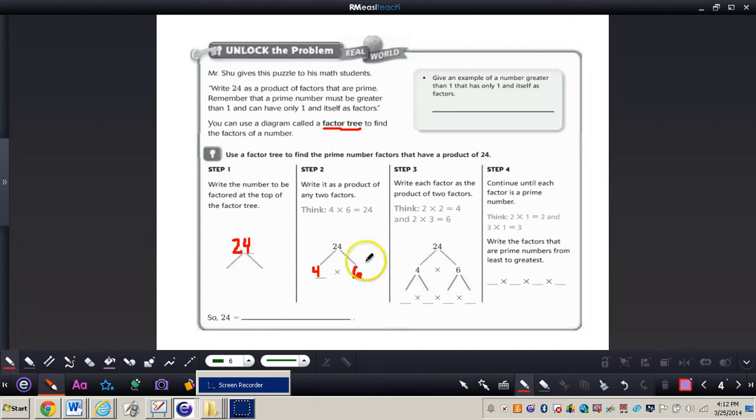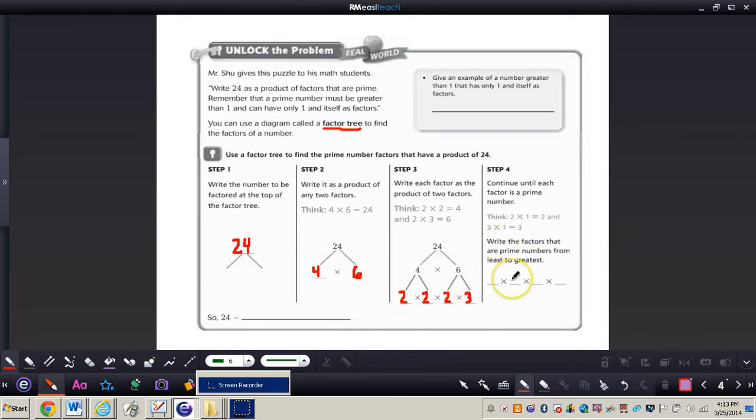So we're going to break each of these down so we just have prime numbers. Now step 3, write each factor as a product of two factors. So 4 is a product of 2 times 2. 6 is a product of 2 times 3. Now what we can do for step 4 is continue until each factor is a prime number. We could not break 2 down any further or 3 down any further.